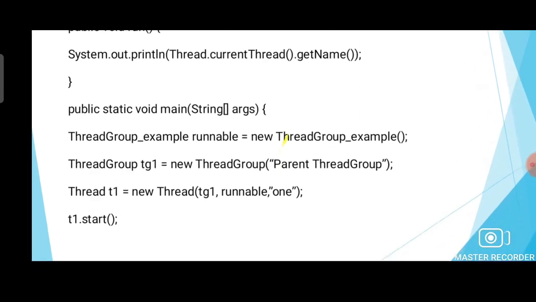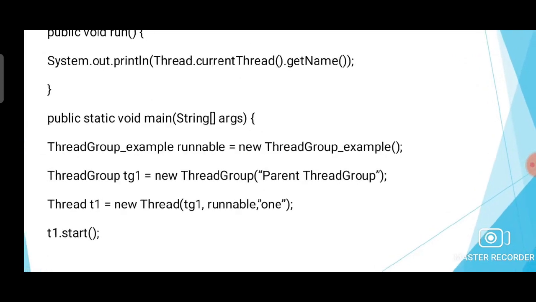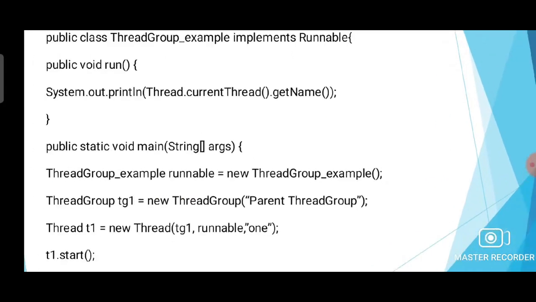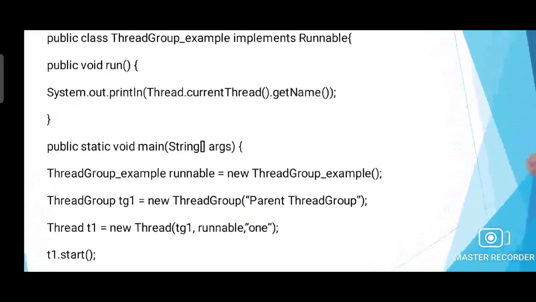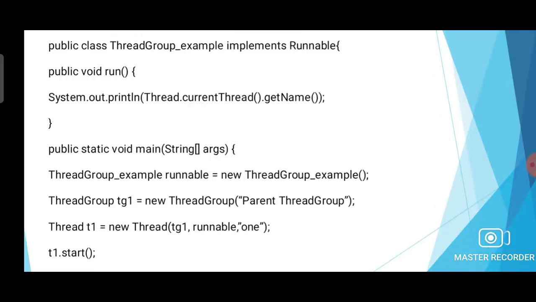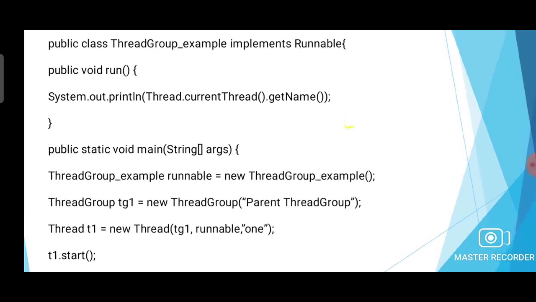Then in the main function, we are creating the necessary objects. First of all, we are creating the object for our class. Our class was ThreadGroupExample. The name of the object is runnable. In the second statement, we are going to create the thread group object.